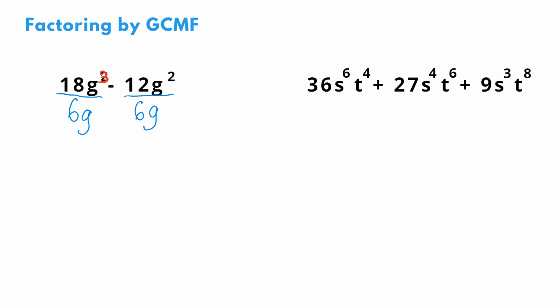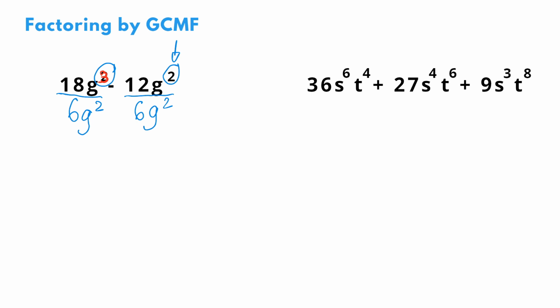The power on the first one is 3, the other one is 2. As I mentioned a while ago, in doing this factoring, you select the one with the lower power. So we have g squared there. Again, I use the one with the lower power, not the 3. I choose 2.